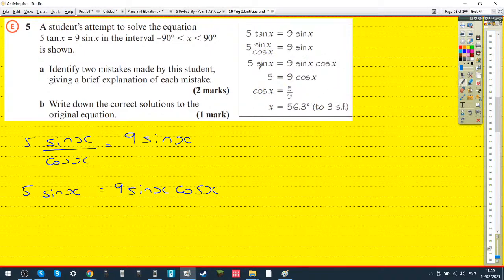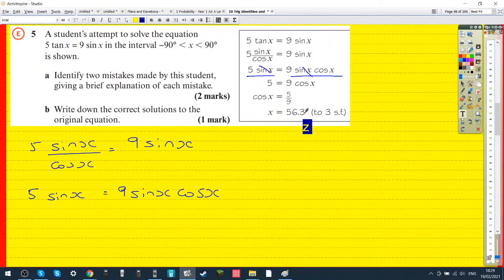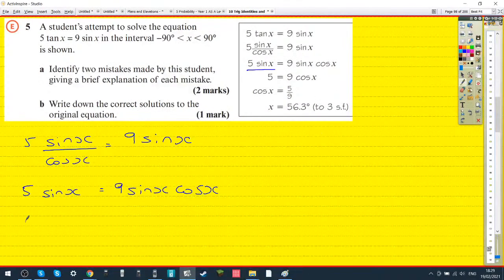Sorry, they divided both sides by sin x. The reason why that's not correct is because it eliminates the sin x solutions. The way you deal with this is you bring them to one side together. So 5 sin x minus 9 sin x cos x equals 0.